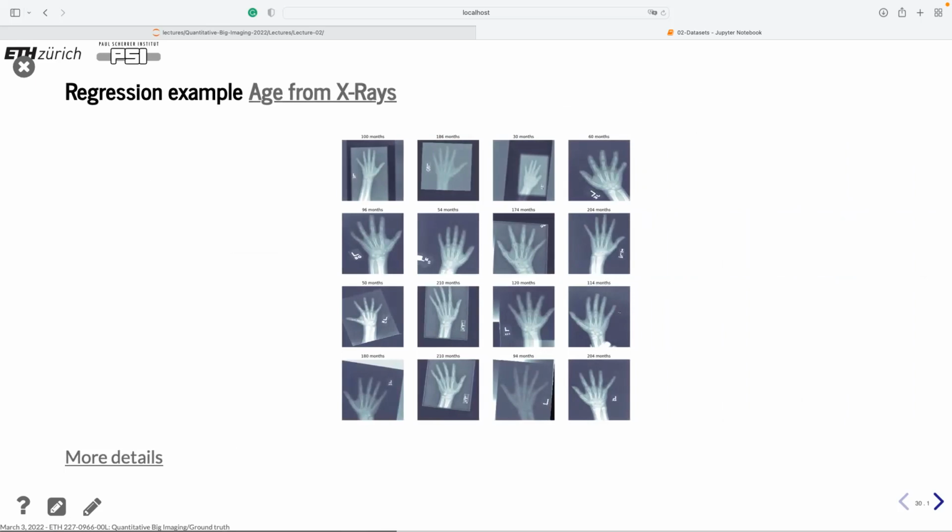Here's another regression example, where you can read more at this link. It's about a lot of X-ray images of children's hands, and from the hand shape, it should be possible to tell the age of the child.